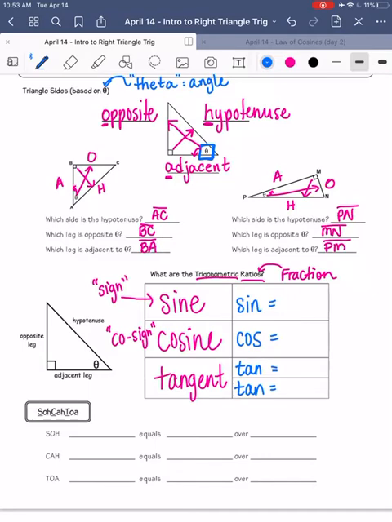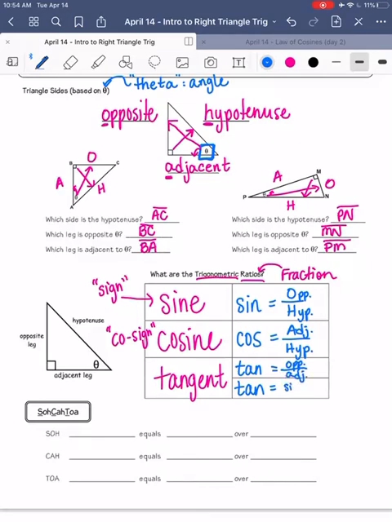So the sine of any right triangle is the opposite side, or the opposite leg, divided by the hypotenuse. The cosine is going to be where you take the adjacent leg and divide it by the hypotenuse. And then the tangent is the opposite divided by the adjacent.